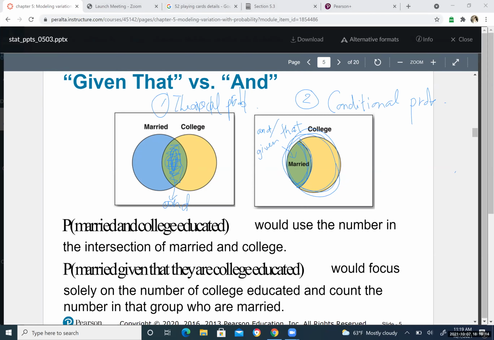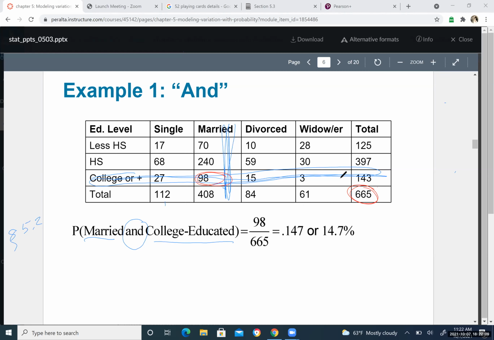College educated, here. This box. The joint part is this box, right? 98, where they intersect. So now you take that value, 98, divided by the total, 665. Then you convert it into a decimal value to get a solution.